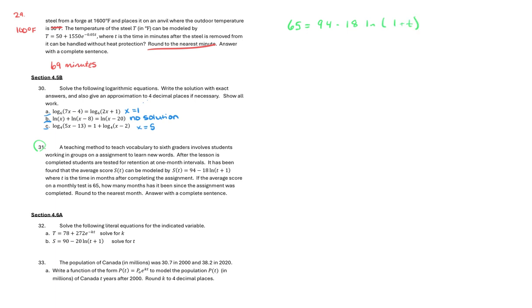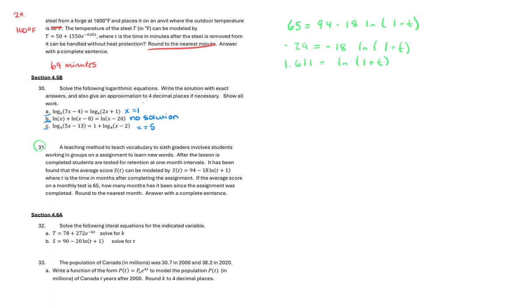First thing we can do is subtract 94 from 65 and get negative 29 equals negative 18 natural log of 1 plus t. Then next we can divide by negative 18 to get that 1.611 must equal the natural log of 1 plus t.